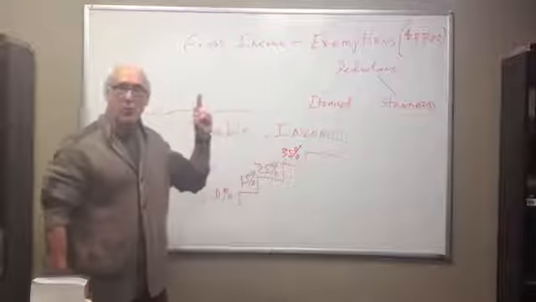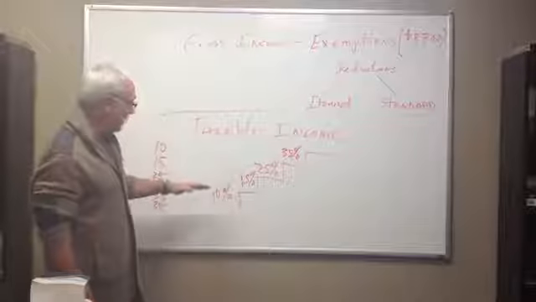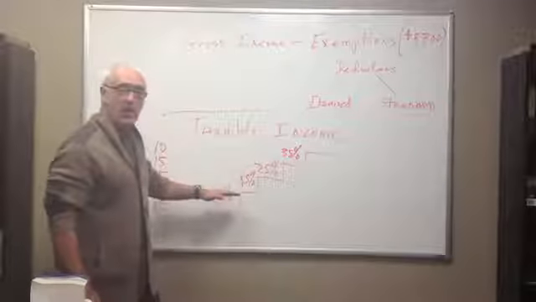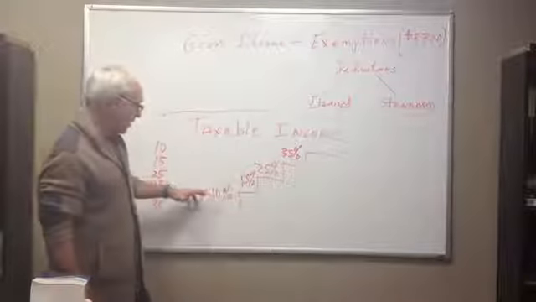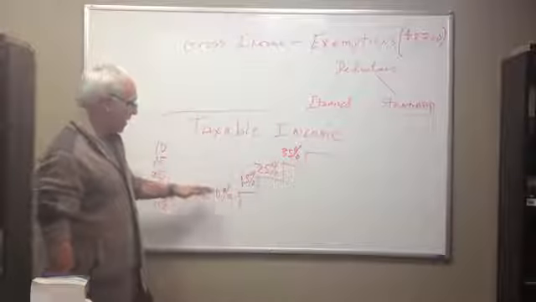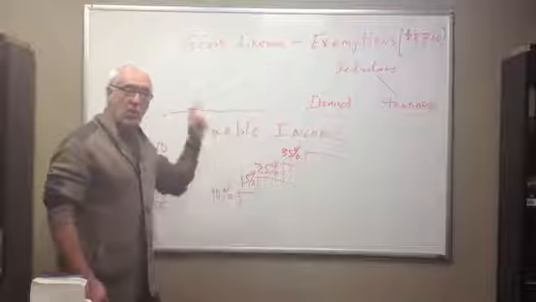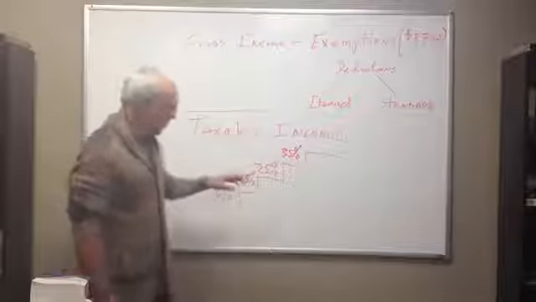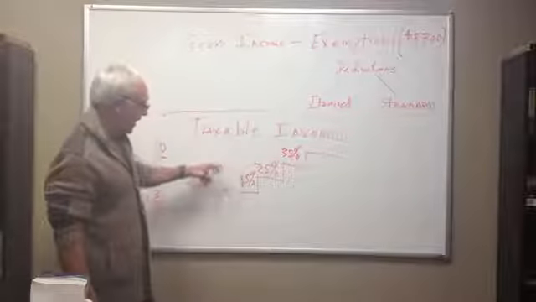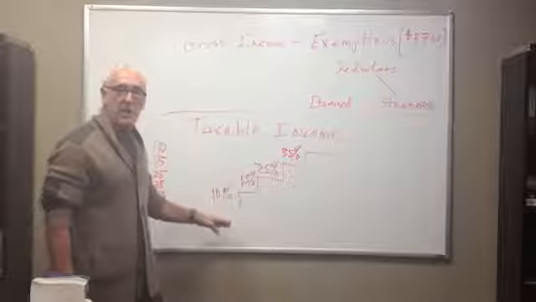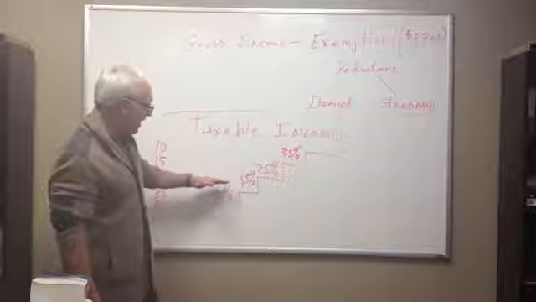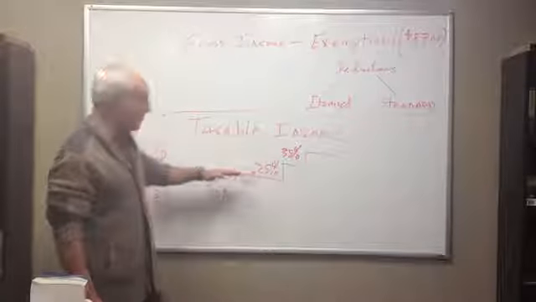Now it's very important to understand, a lot of people don't get this. If you start at one rate, the lowest tax rate in the Internal Revenue Code is 10%, and then you start earning more money, your rate goes up, but only on the increment. So if your rate goes up to 15%, you're not paying 15% on the entire amount you earn, just on the increment over some baseline.